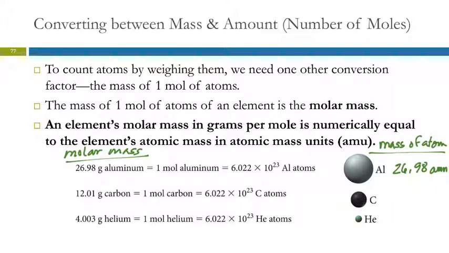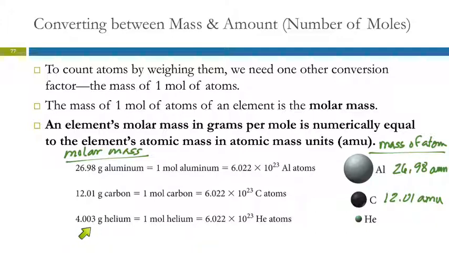So we've got the atomic mass up there and the molar mass on the periodic table. A mole of carbon atoms, Avogadro's number of carbon atoms. 1 mole weighs 12.01 grams. What does 1 atom of carbon weigh? 12.01 AMUs. Helium, 1 mole of helium, Avogadro's number of helium atoms.